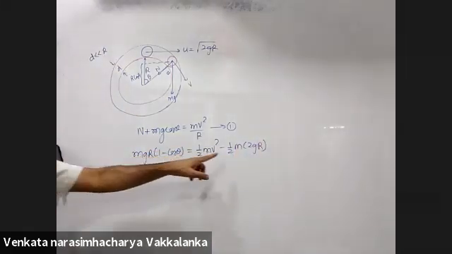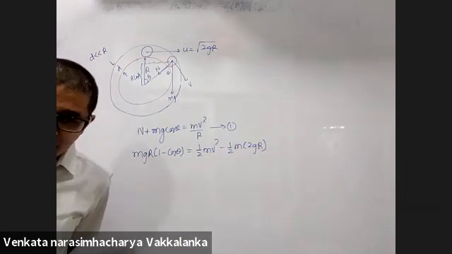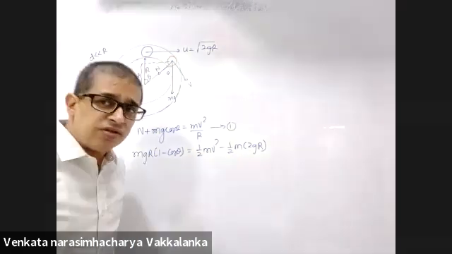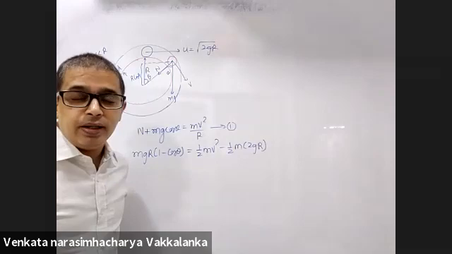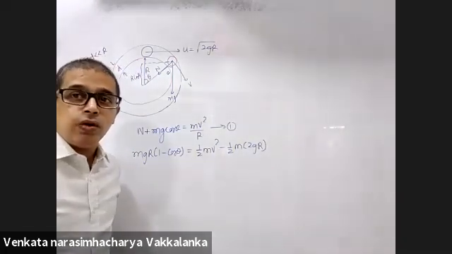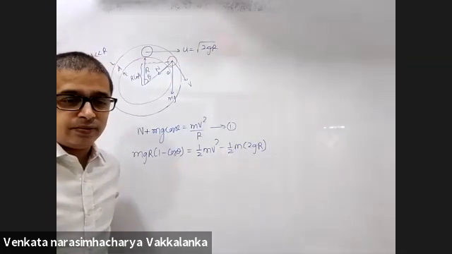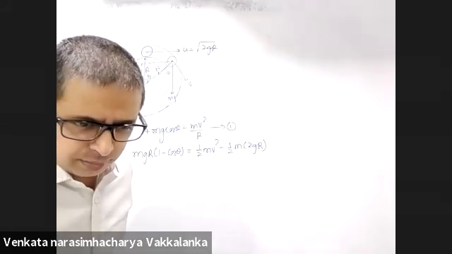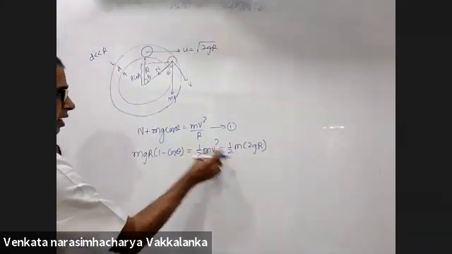Loss in potential energy is gain in kinetic energy. These are the only two equations we are using since the start of this subtopic. I hope you are able to correlate this. Conservation of total mechanical energy.